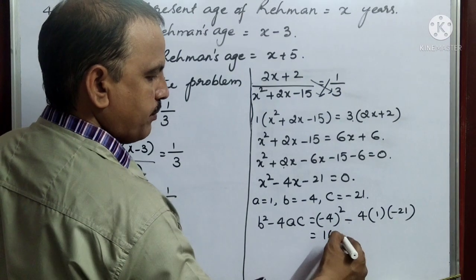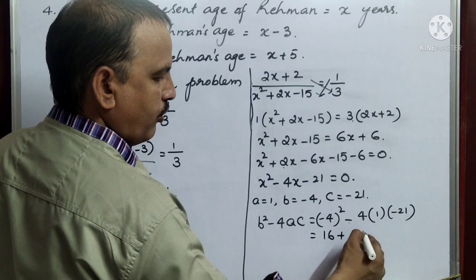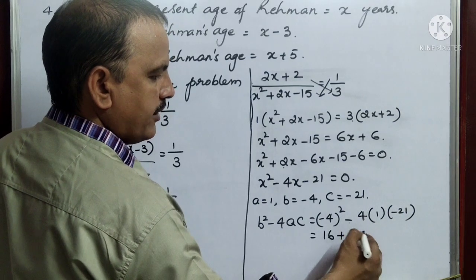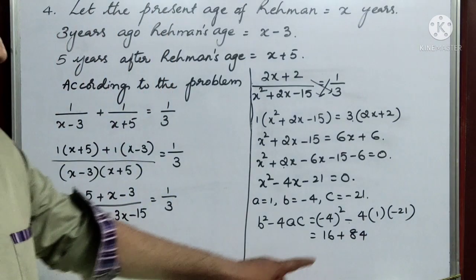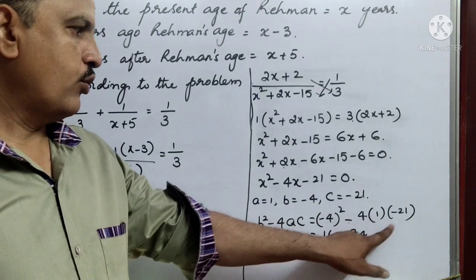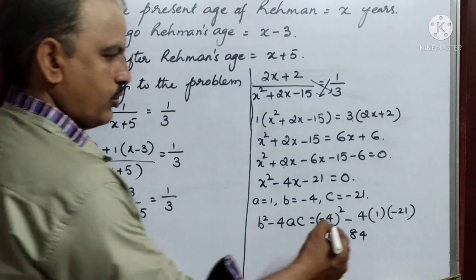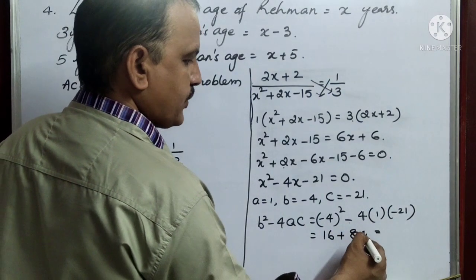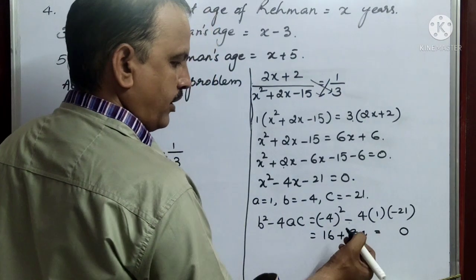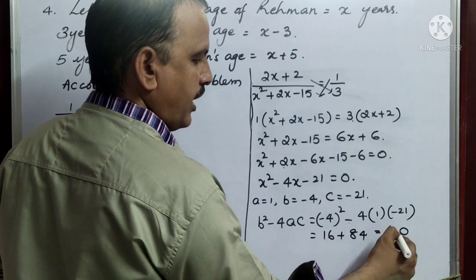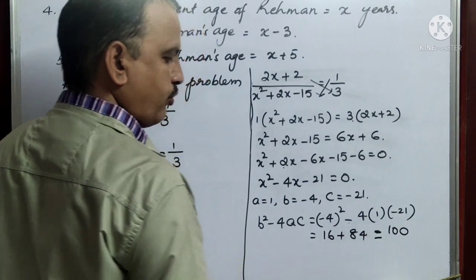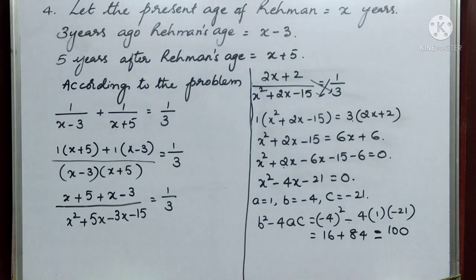Minus into minus plus, 4 1s are 4, 4 2s are 8, so 84. So 16 plus 84 is 100. So the b square minus 4ac value you got is 100.